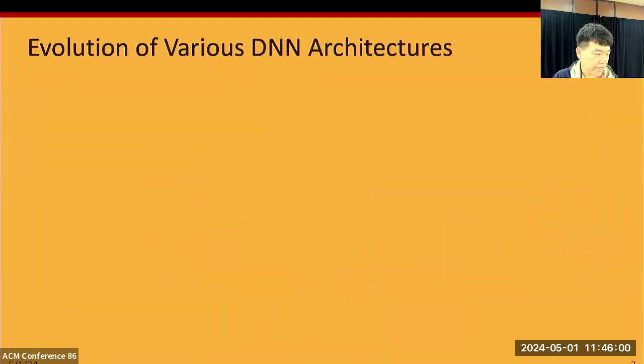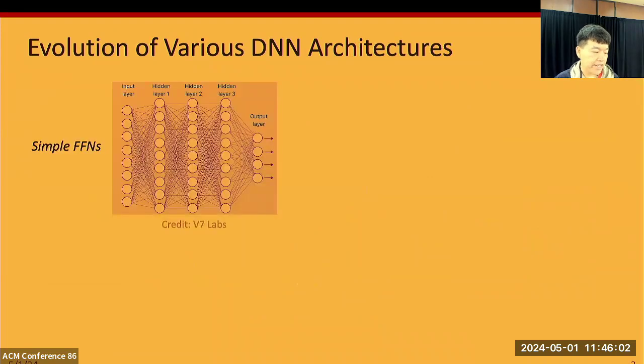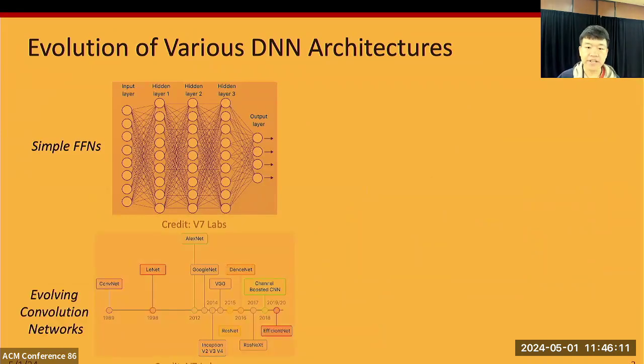Back in the 1960s, we saw simple feed-forward networks, and more recently a lot of different convolutional neural networks with different capabilities to process different inputs, for example object detection and image classification.